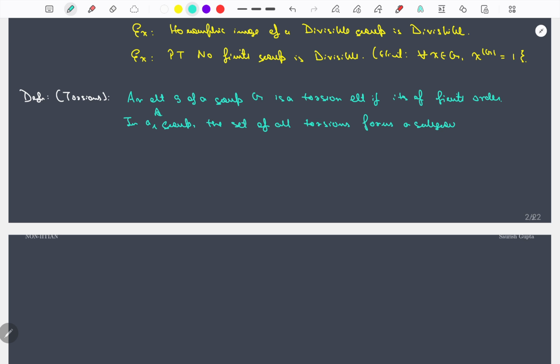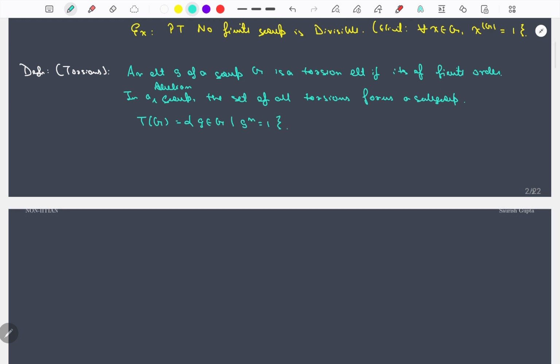I require this to be abelian, because in a non-abelian group you can take two elements which are of finite order, but still their product need not be of finite order. So it forms a subgroup, and we denote this as T of G. It's the collection of all the elements g in G such that g to the power n is equal to 1. And make it clear that we are talking about it being a subgroup when we are considering elements of finite order.